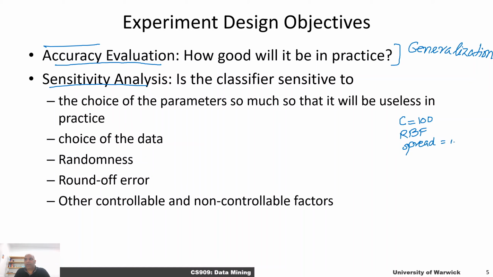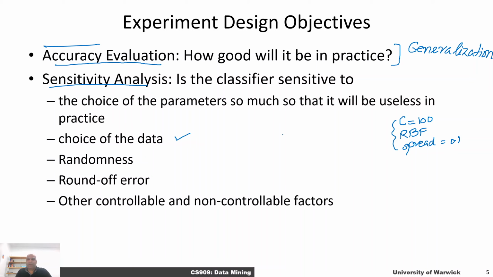But as soon as you make a slight change to either one of these parameters, all hell breaks loose. Sorry for the explicit use of this term, but if a classifier is too unstable and it only produces good results with a very specific set of hyperparameters and nothing else, then probably it's going to fail because it's not stable enough, it's not robust enough. So we don't want such classifiers.